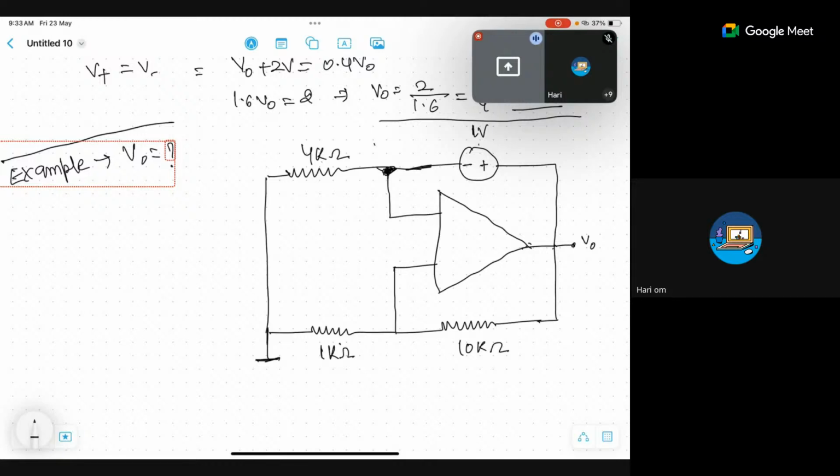At this point, we are getting V naught minus 1. At this point, we are getting the voltage across this 1 kilo ohm, that is V naught into 1 divided by 11.